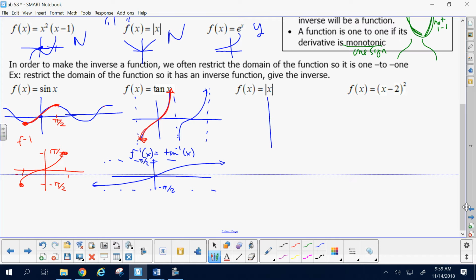Absolute value. Normally it looks like this. How could you restrict it so it has one-to-one, or passes the horizontal line test? Positive only, yeah. If you only took this piece, then you would be good to go.